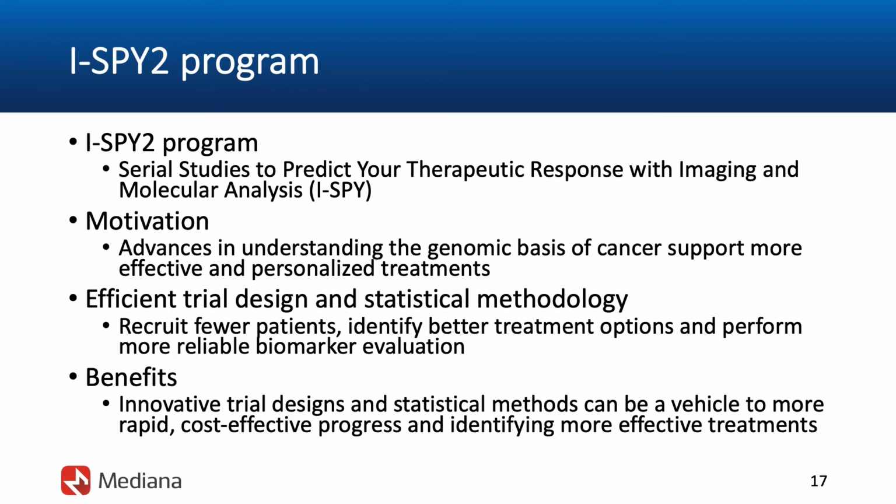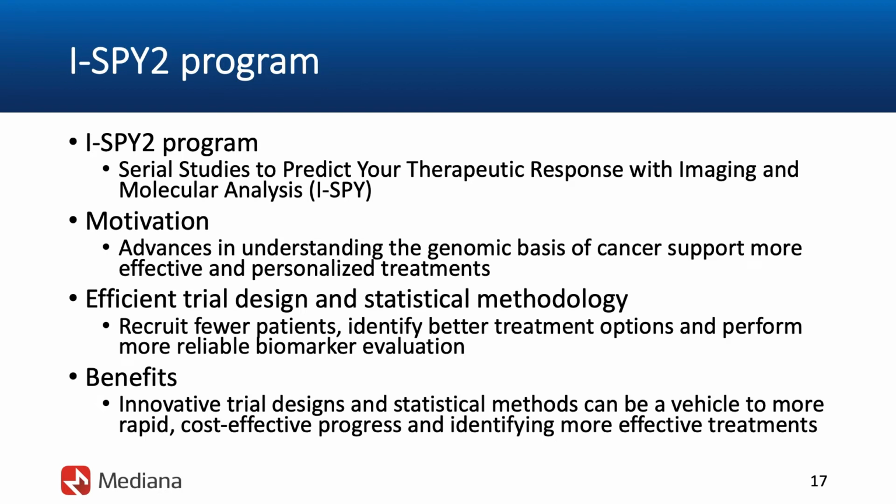And the key motivation was to understand the genomic basis for cancer and see how it could be used to develop more effective, safer, and potentially personalized treatments. This was accomplished through the use of efficient trial design as well as advanced statistical methodology.